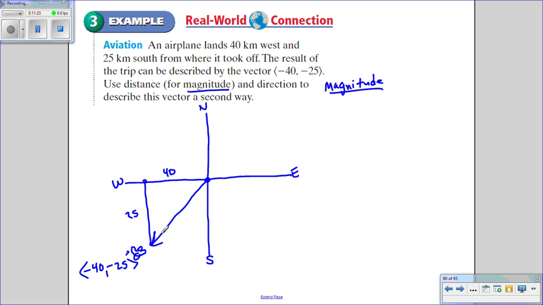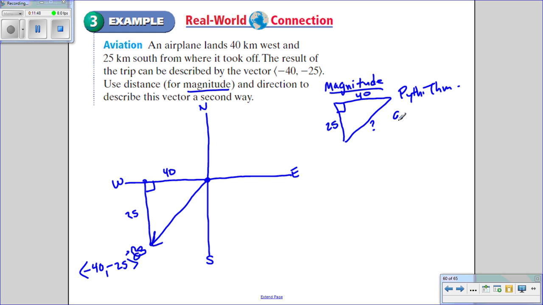The magnitude is the length of that vector. Now again, in a right triangle, if I took that right triangle out of there, we know this is 40 and this was 25. We are looking for that length right here. Now when we know 2 out of the 3 sides of a right triangle, we simply have to use Pythagorean theorem to figure out that length.